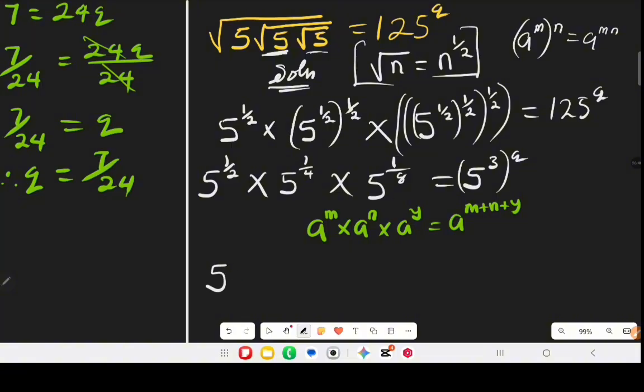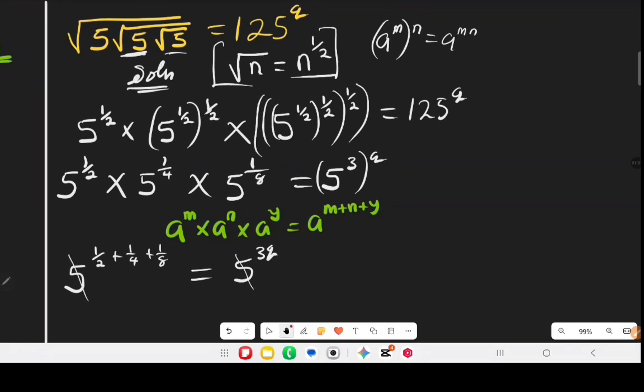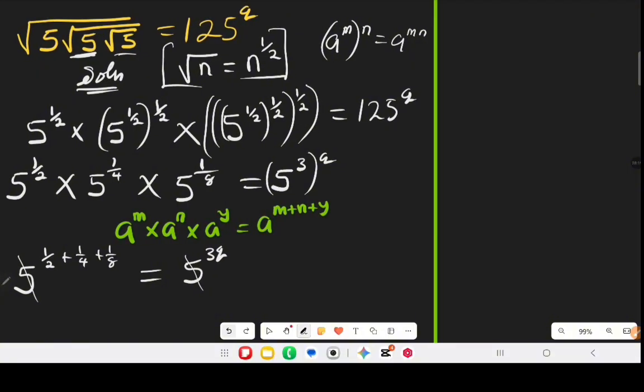We take one base, then we add up the powers, which is raised to the power of 1 over 2 plus 1 over 4 plus 1 over 8, equal to, when we multiply the power, 5 raised to the power of 3q. We compare both sides. Base will cancel base, left with the power, which is 1 over 2 plus 1 over 4 plus 1 over 8, equal to 3q.